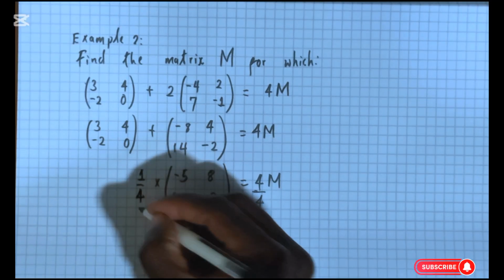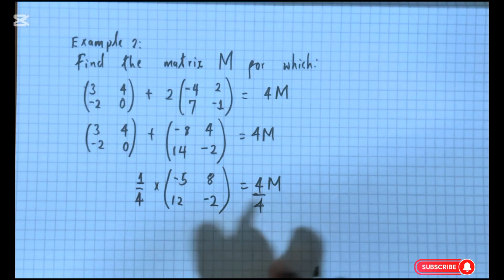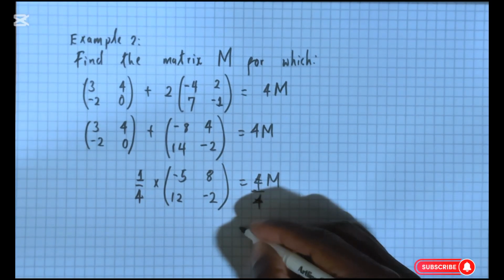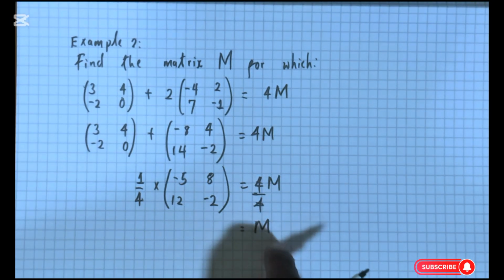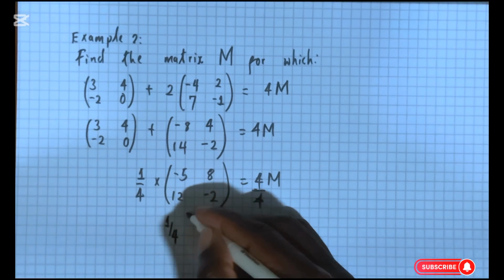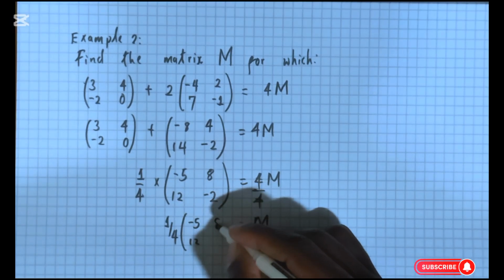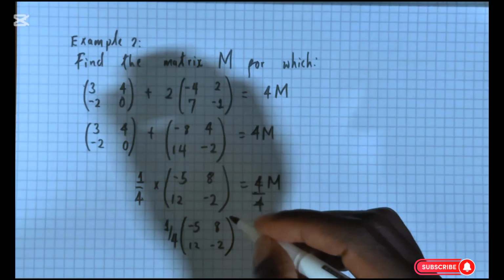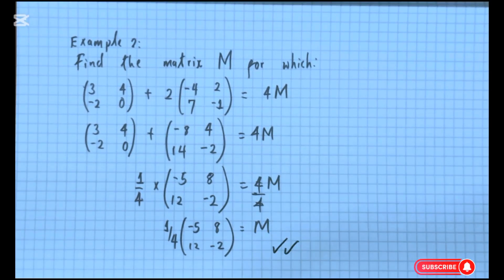It's as if I'm multiplying both ends by 1/4, so that 4 divided by 4 will leave me with M, which is the matrix that I want to find. And so M will be equal to 1/4 times [-5, 8; 12, -2]. So this here is the matrix M that we were supposed to find in that particular question.